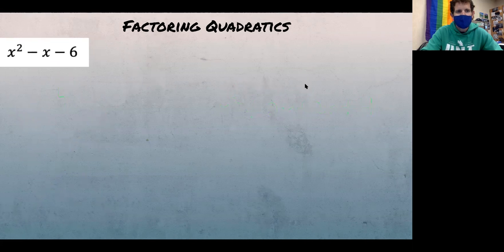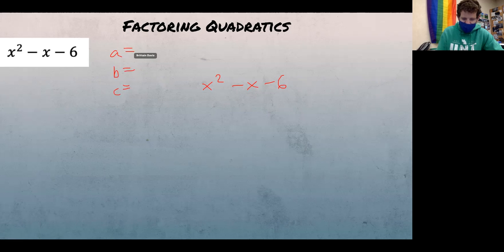And let's look at this one. So if I have x squared minus x minus 6, I'll go ahead and fill this in just in case you made a mistake. People can fill in this big X for us as well.